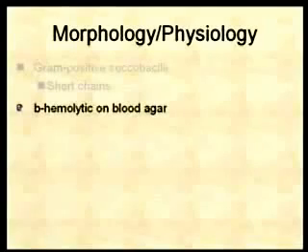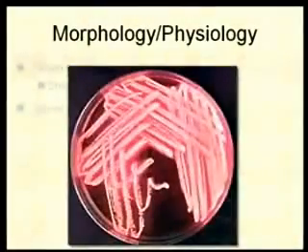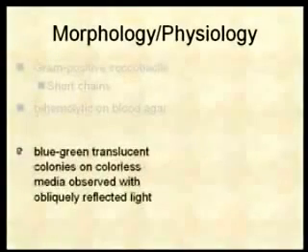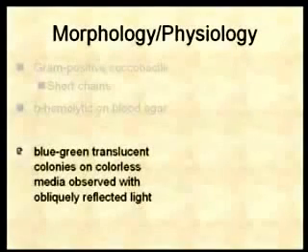As a matter of fact, it has a virulence factor that is very similar to Strep pyogenes hemolytic streptolysin. You can see streak marks, and where the bacteria are growing, the blood agar is lysed. Blue-green translucent colonies on colorless media, and of course you saw the hemolytic colonies on blood agar.